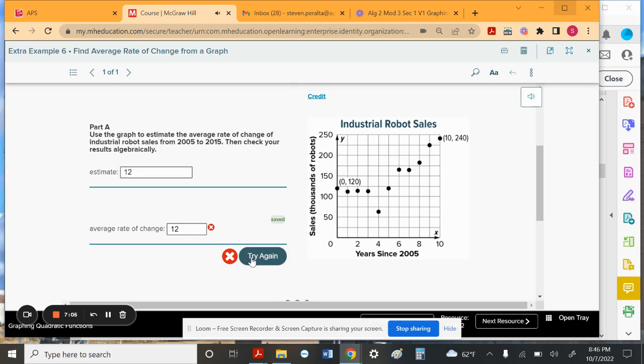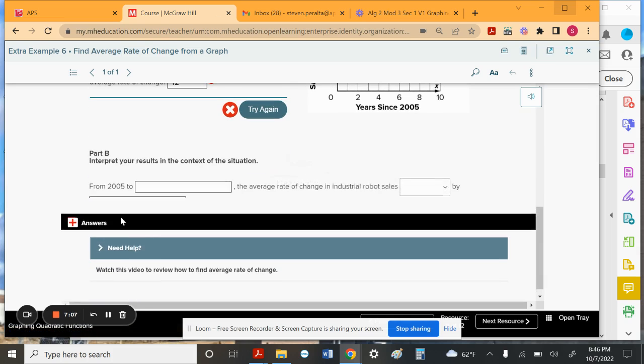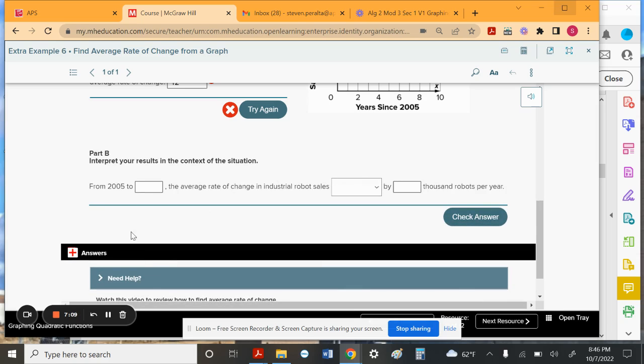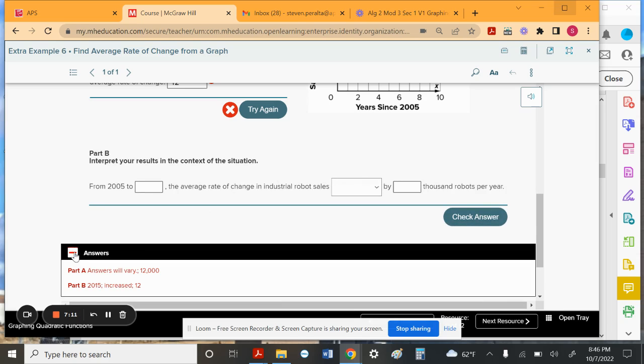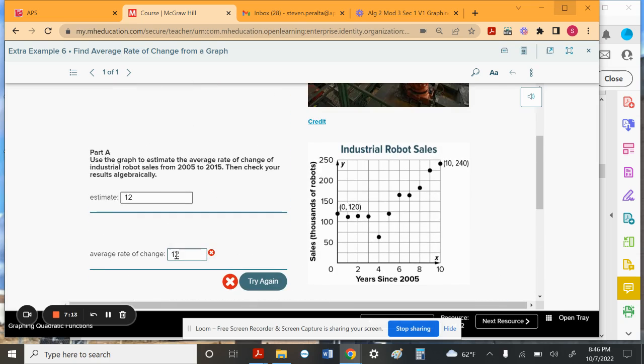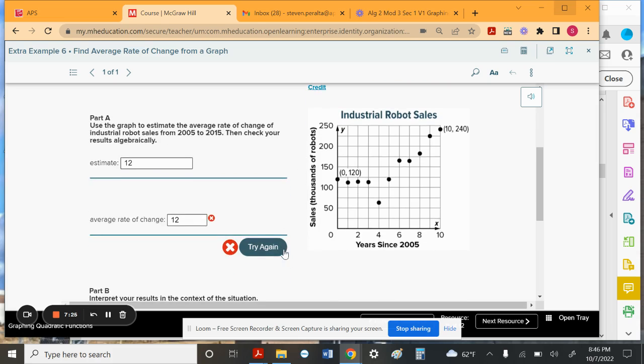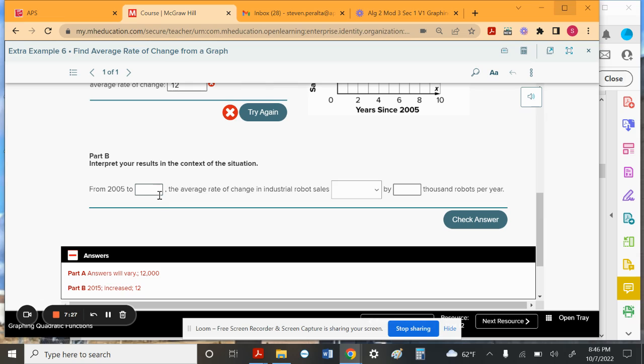Let's see what the answer is, since I don't know. Hold on. Oh, of course. Thousands of robots. I should have read that. So even though the 12 is correct, it should have been 12,000, because this represents the number of thousands of robots. So interpret your results in the situation from 2005 to 2015.